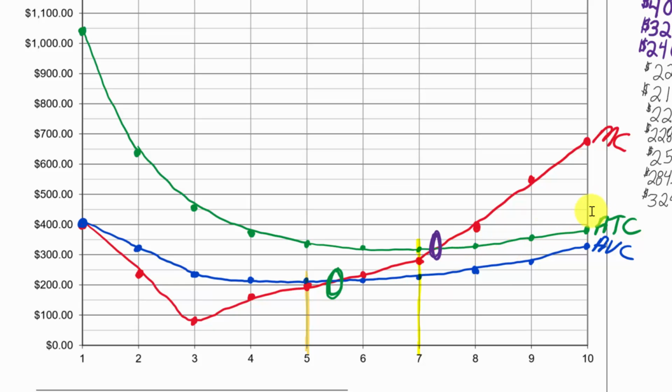So this is a way to understand why the minimum of the average variable cost and the average total cost happen very close to where the marginal cost crosses these two curves. And also why it happens at two different places, because the marginal cost crosses the average variable cost before it crosses the average total cost.